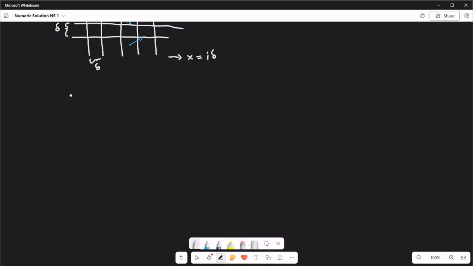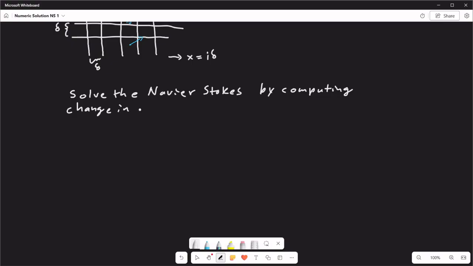So we're going to basically solve Navier Stokes by computing the change in u, which is really the field.